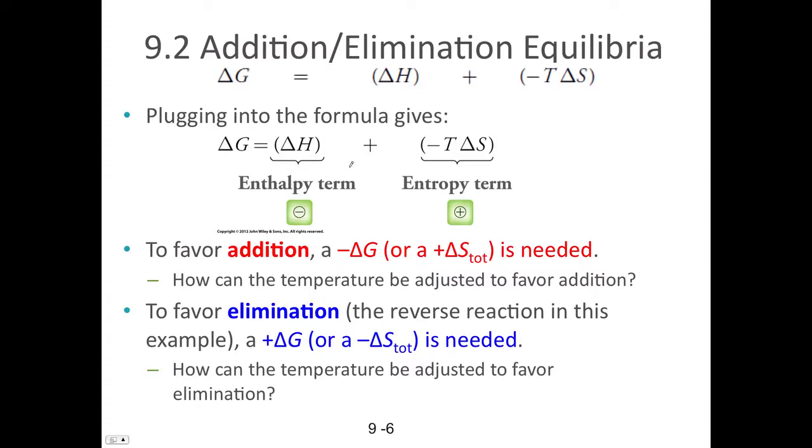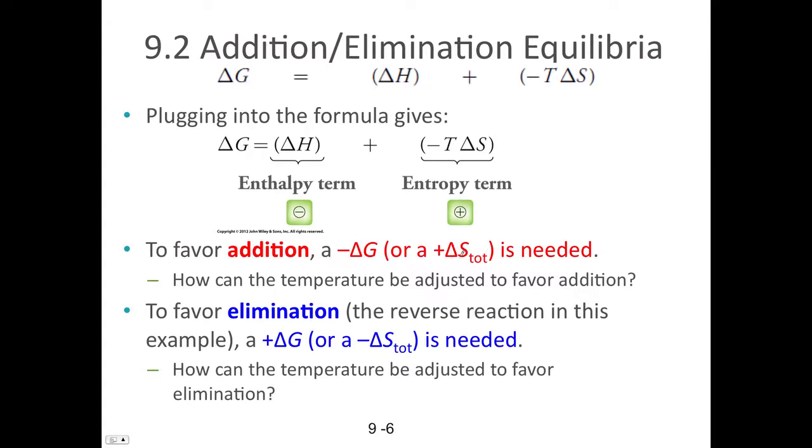But what it is good for is to show us that we can increase entropy in the system using certain temperature profiles, right? And using certain concentrations here, okay? But to favor addition, a minus delta G or a positive delta entropy is totally needed, okay? And so that's to favor the addition, okay?